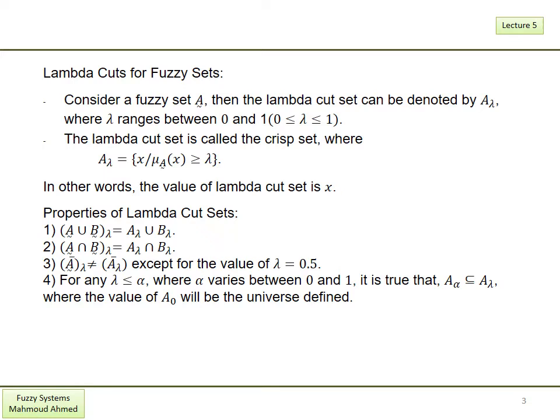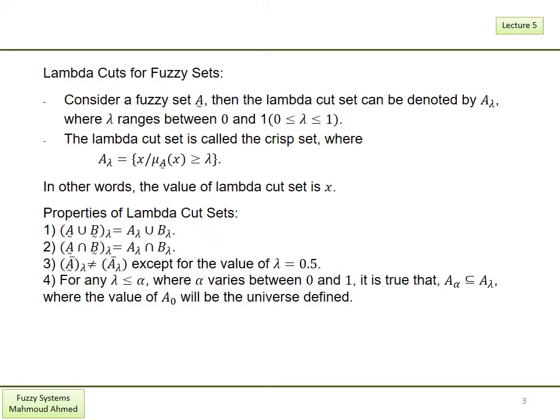The same properties we mentioned before for fuzzy sets can be applied to lambda cut sets. The fuzzy set A union fuzzy set B, taken at the lambda cut, is equal to the crisp set A lambda union crisp set B lambda.